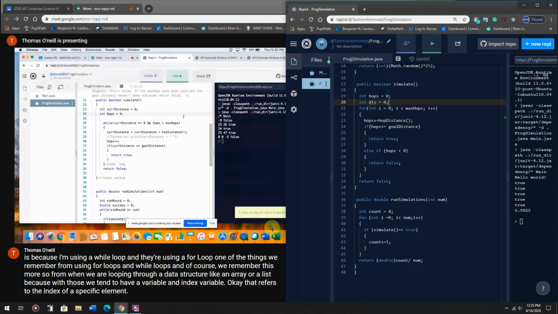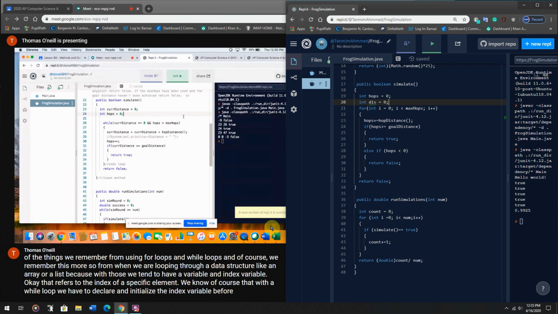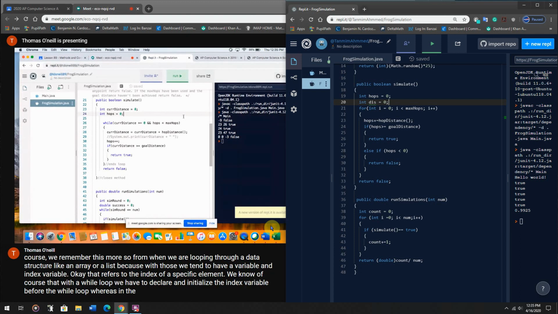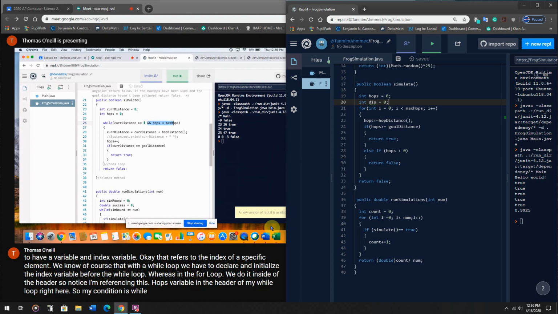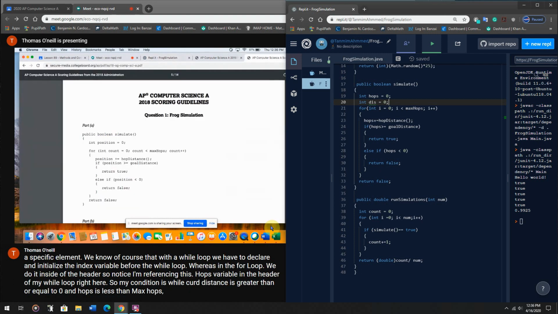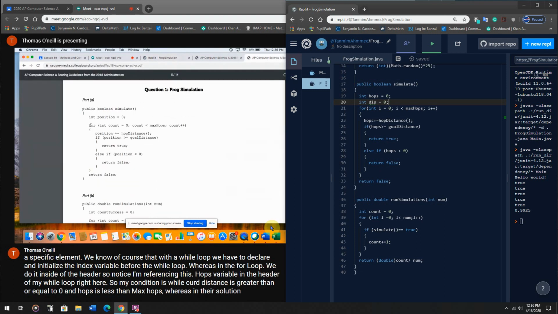With a while loop, we have to declare and initialize the index variable before the loop, whereas in the for loop, we do it inside of the header. Notice I'm referencing this hops variable in the header of my while loop. My condition is while curDistance is greater than or equal to 0 and hops is less than maxHops, whereas in their solution, they use a for loop.